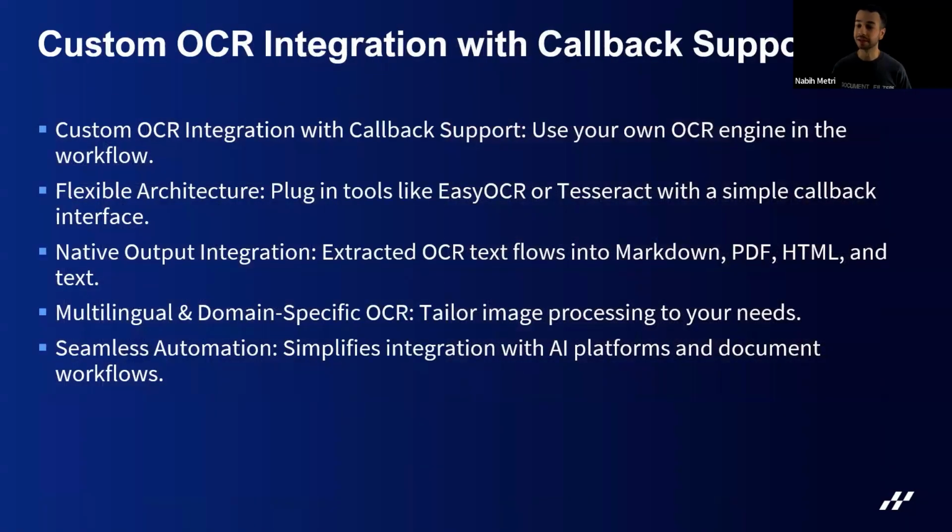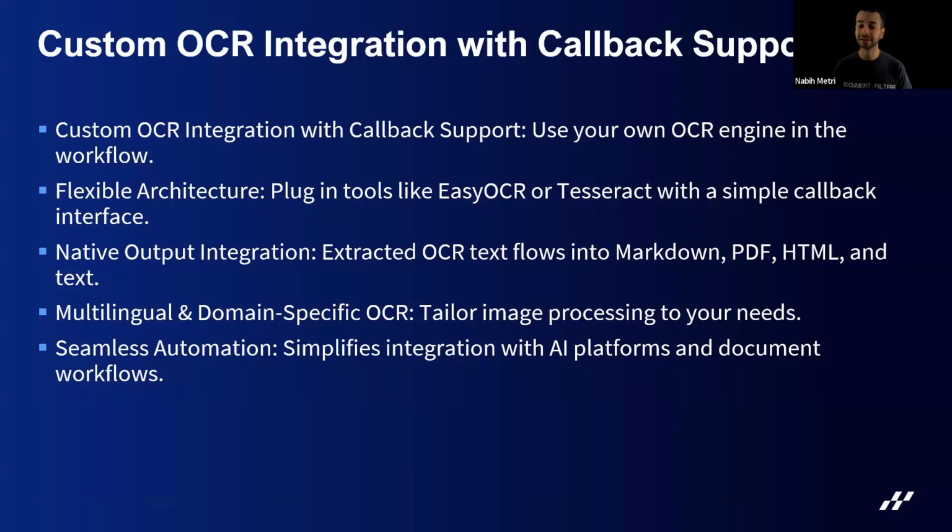We've added a flexible OCR callback interface that lets you plug your own OCR engine directly into the Document Filters workflow. This means you can now use OCR tools that are optimized for your specific documents, language, or image quality, whether that's EasyOCR, Tesseract, or a proprietary engine.